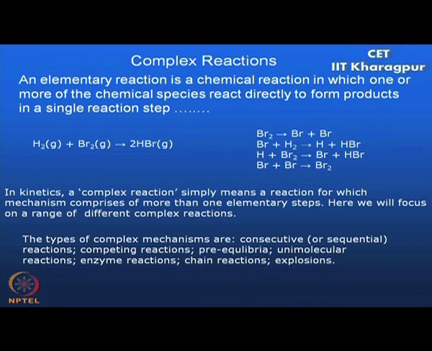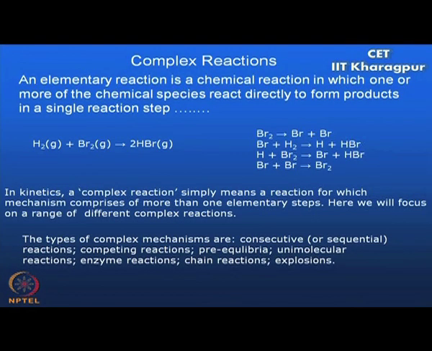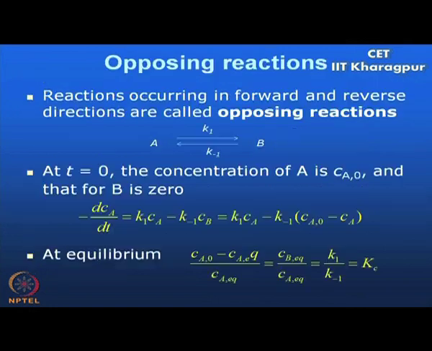Explosion, as I told you, with increase of temperature above a certain temperature, there is a huge increase in rate. So, explosion is also a case of complex reaction. So, consecutive, competing, pre-equilibria, unimolecular reactions, enzyme reactions, chain reactions, explosions, these are primarily complex reactions.